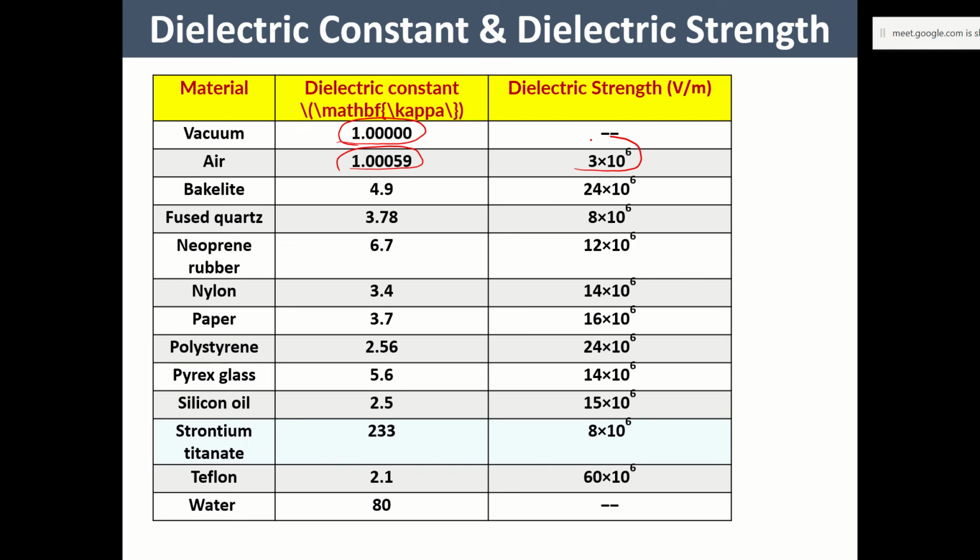That is 3 into 10 to the power 6 volts per meter. This is the measure of the maximum electric field that can be applied before it becomes conducting.